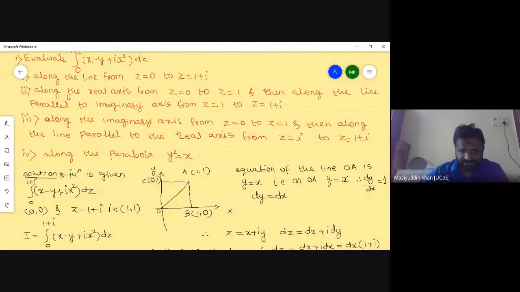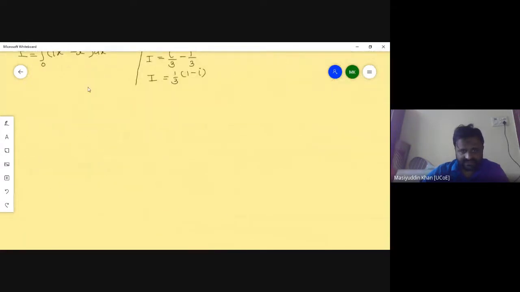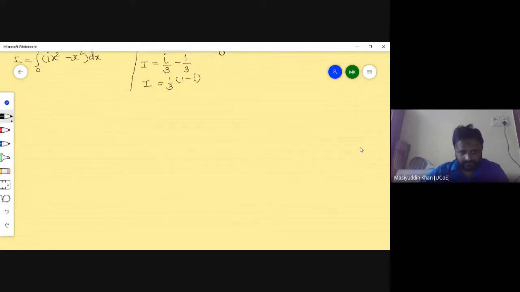Now moving ahead with the next condition. Hope these things are clear. Now the second condition, solution of the second part.